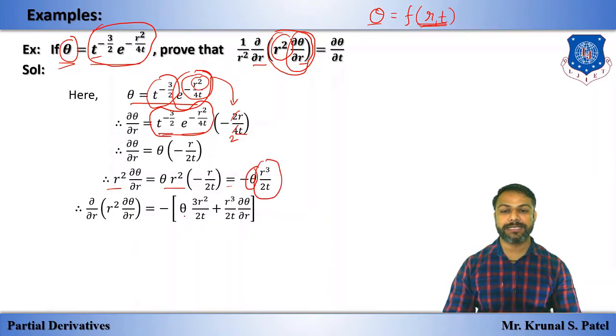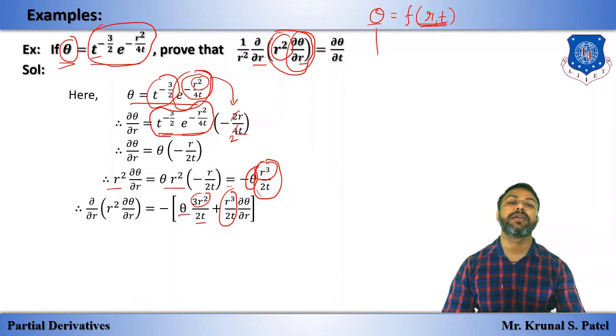First, theta as it is, differentiation of this term: 2t constant, and differentiation of r cube with respect to r is 3r square, plus the second term as it is, meaning this term r cube into 2 divided by 2t as it is, and differentiation of theta with respect to r is del theta by del r, because theta is our function, the dependent variable.